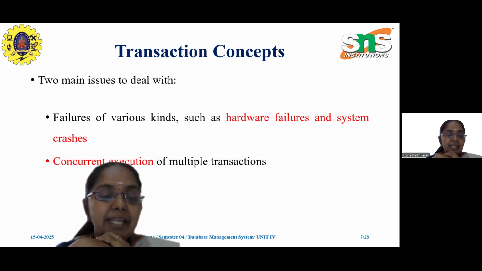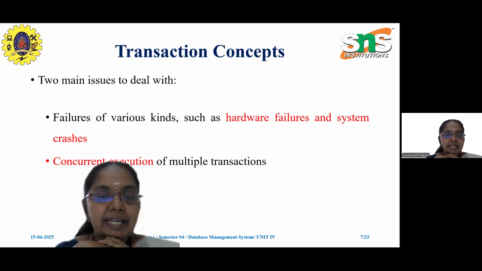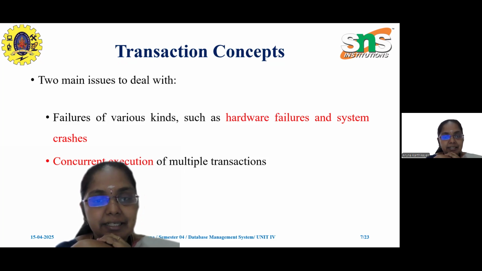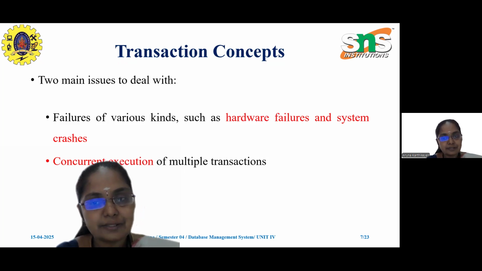A bank can have n number of customers. Once one customer completes, can only then another customer access it? No. All the customers can execute concurrently, using the same bank. In this case, there may be certain failures during the concurrent execution. So these are the two major issues dealt with in the transaction concept.